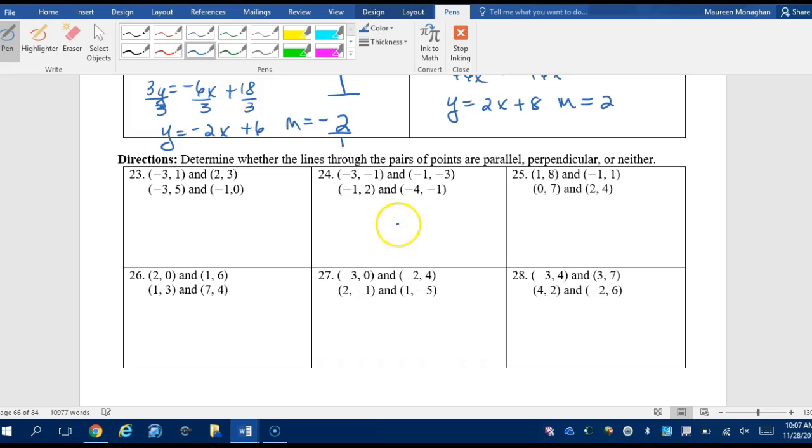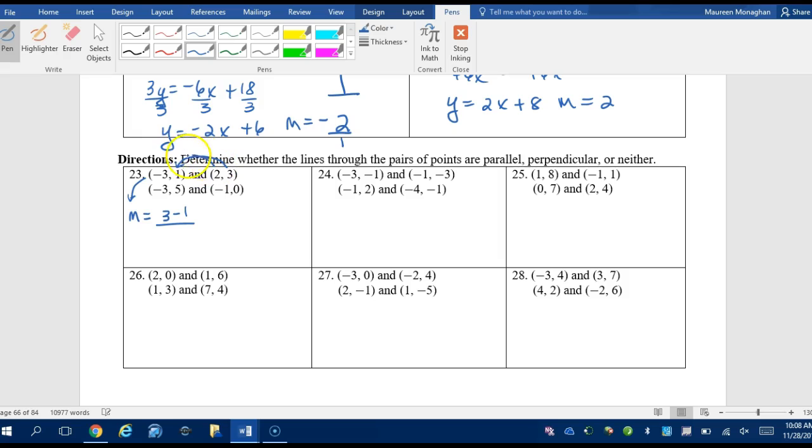Determine whether the lines through the pairs of points are parallel, perpendicular, or neither. Oh, no. Well, we could graph them, or we could find the slope of this first one, which would be 3 minus 1 over, remember how to find the slope?